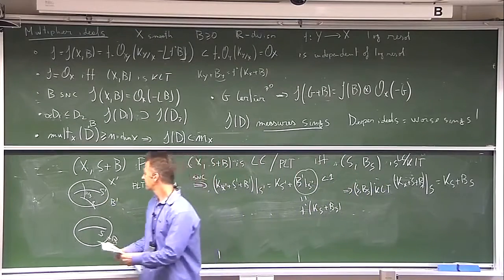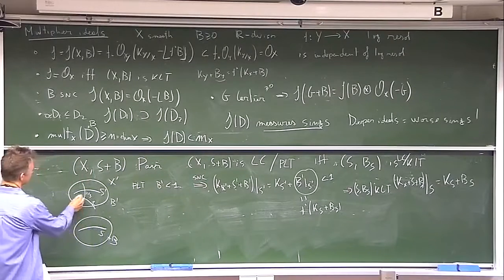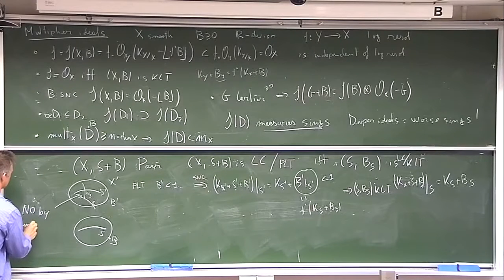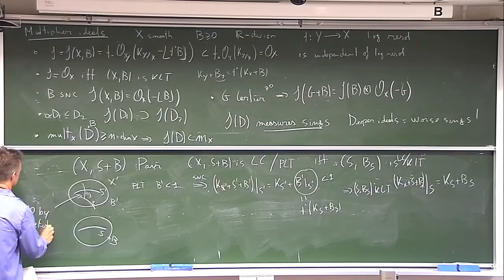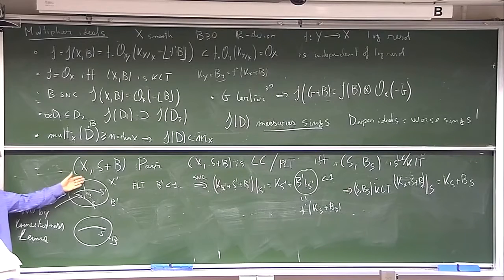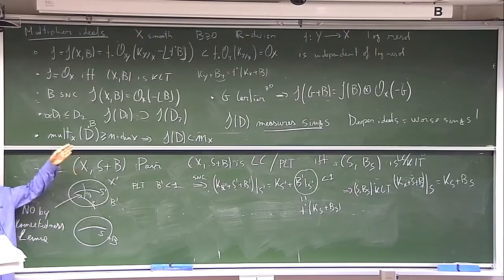But this cannot happen by the connectedness lemma. The connectedness lemma tells us that the non-Kawamata log terminal places intersected with any fiber give you a connected locus.